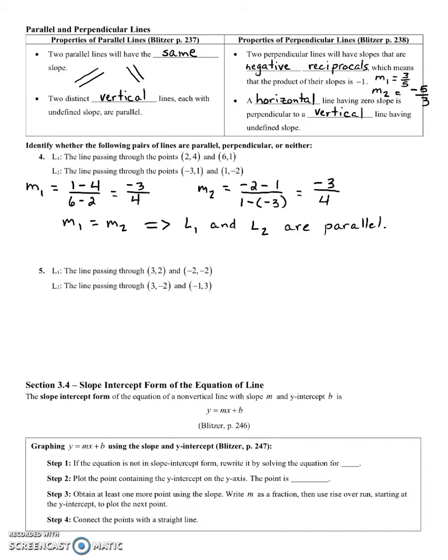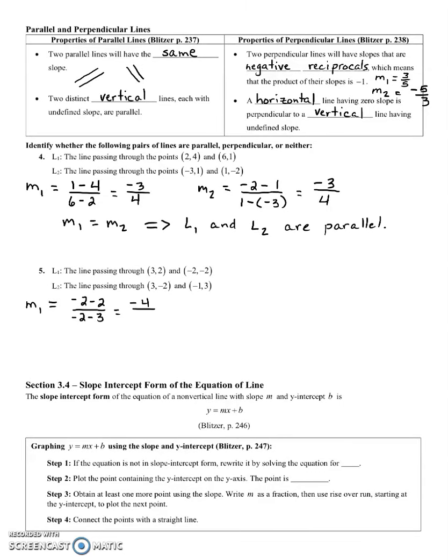Okay, you guys pause the video and try number 5 on your own, and then you can come back and check your answer. So same thing, let's calculate both slopes. So M1, we have -2 minus 2 divided by -2 minus 3. -2 minus 2 is -4.